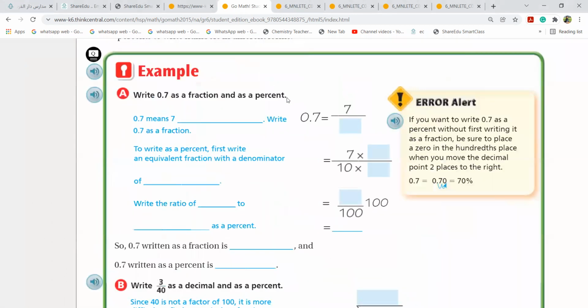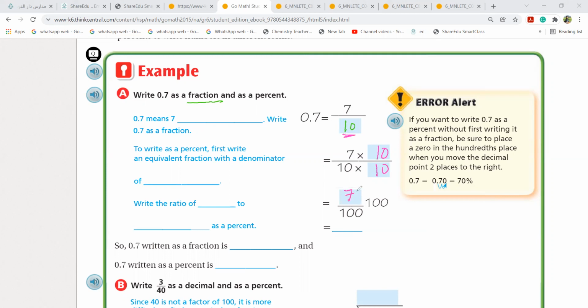Now see, girls, here. What did I say? They say as a fraction. When you need to write as a fraction, you know that 0.7 is 7 over 10. How will you make this 10 as 100? Feroz, how will you make 10 as 100? By multiplying with what? 10.